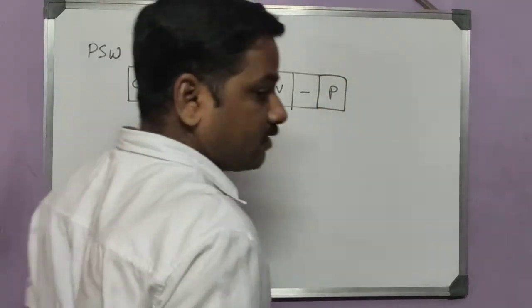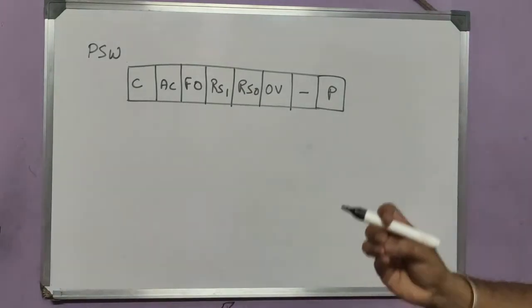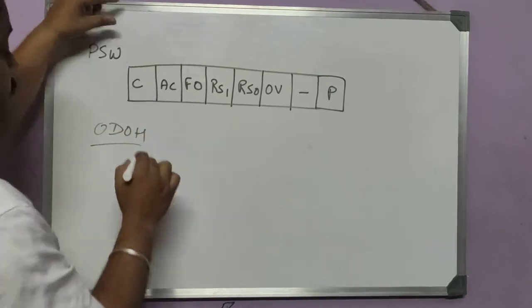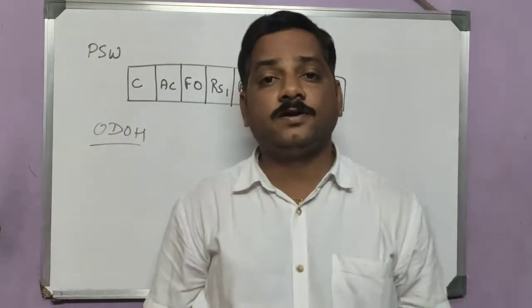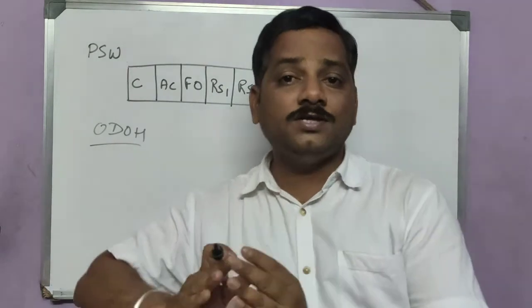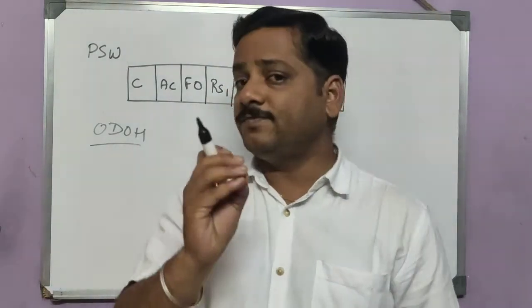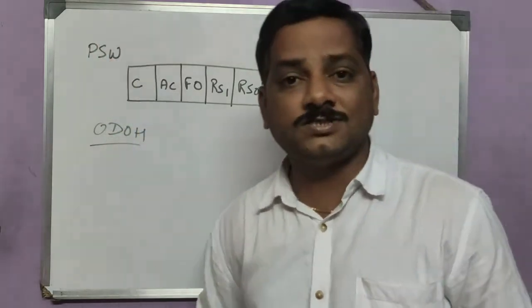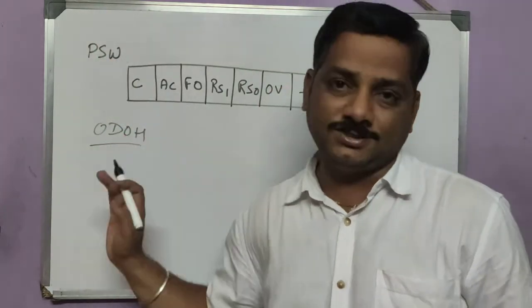The address of this particular register PSW is 0D0H. So you have to remember all these addresses. The address of the accumulator is 0E0H. The address of the B register is 0F0H. Similarly, the address of PSW is 0D0H.